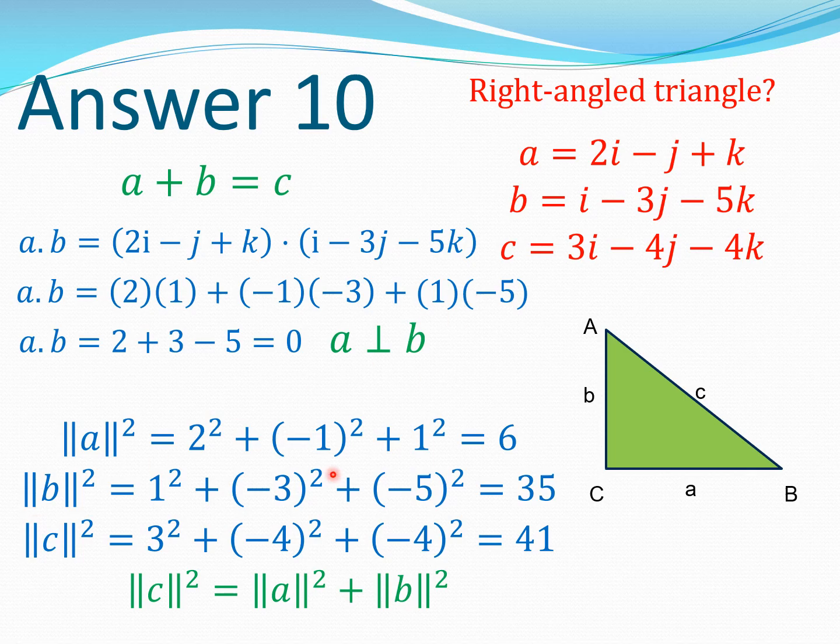B square would be simply 1 square plus minus 3 square plus minus 5 square, so that's 35. And C square is 3 square plus minus 4 square plus minus 4 square. Again, these coefficients are being squared, that is 41. And so I immediately see that C square is A square plus B square, because 35 plus 6 equals 41. So I clearly see that this has all the manifestations or representations of a right angle triangle here.